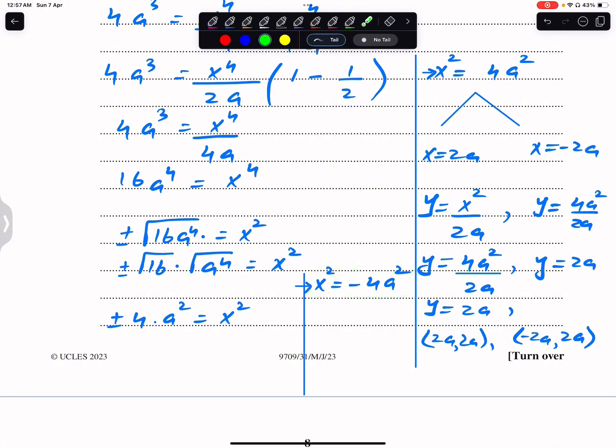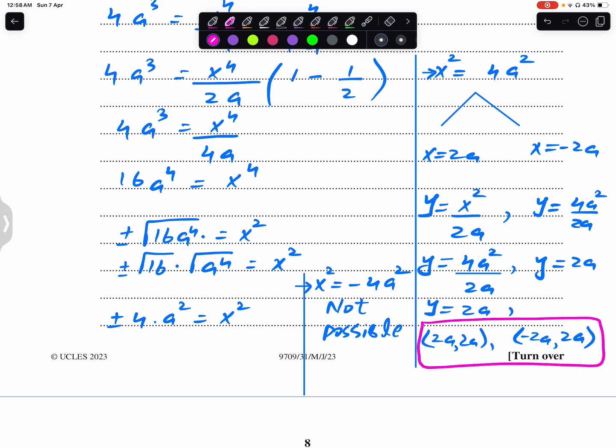And this is surely negative because a square is positive, 4 is positive, and then negative of positive will give you some negative value, but x square can never be negative. So you will say that this is not possible. Most of the students cancel this out. This is not right. Do not cancel this. Just write below, not possible. So you will have only 2 points. These are the 2 points at which the gradient of the tangent is parallel to the y-axis.